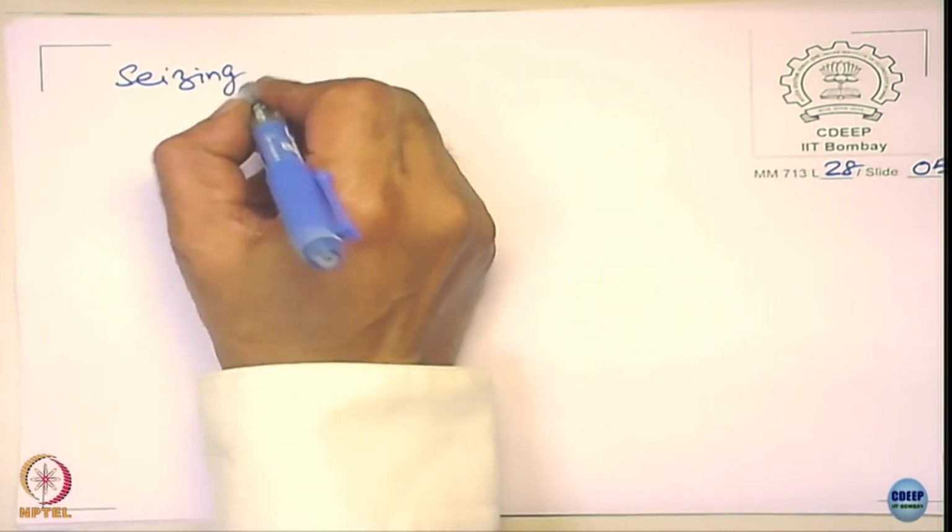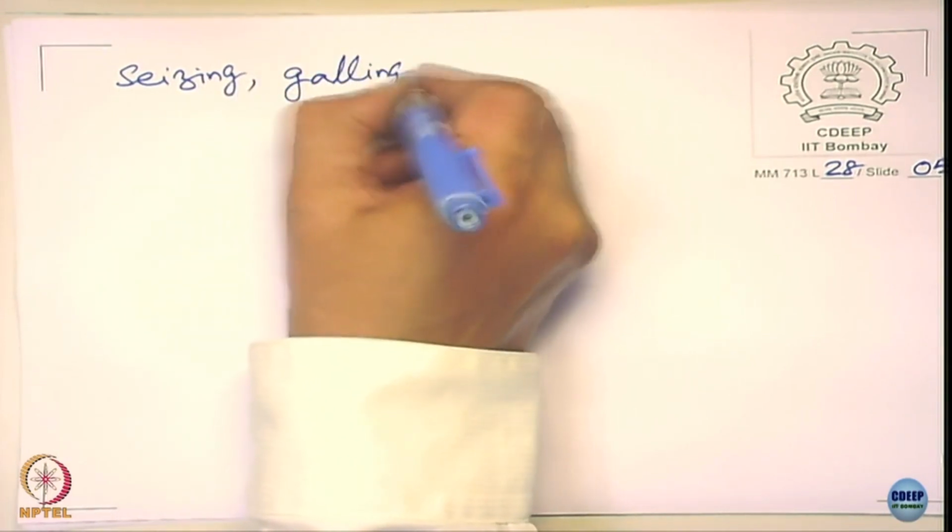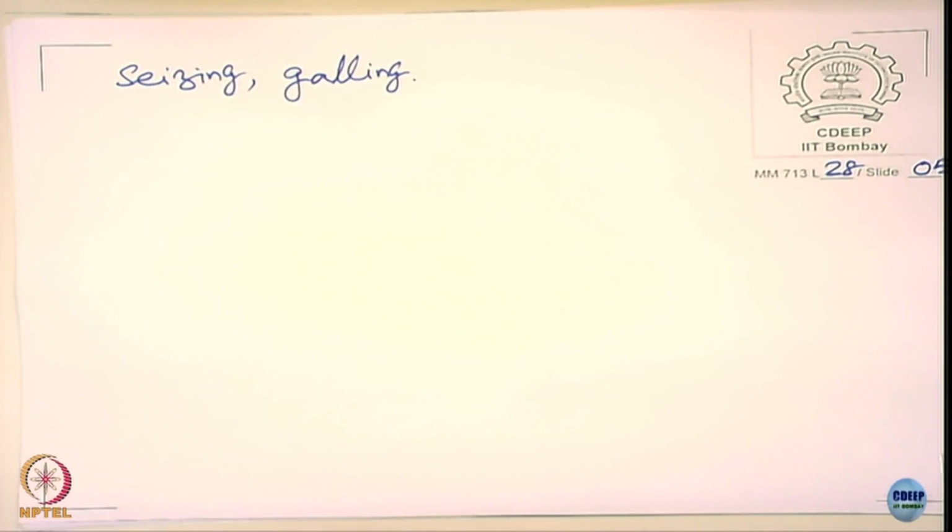You can also have galling. You know what galling means? When they stick, and when you remove it, it just comes off from the surface, right. It happens in the soft material.